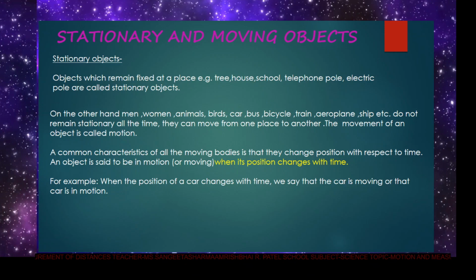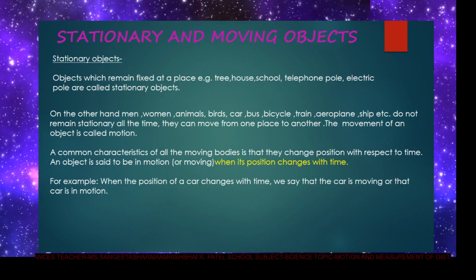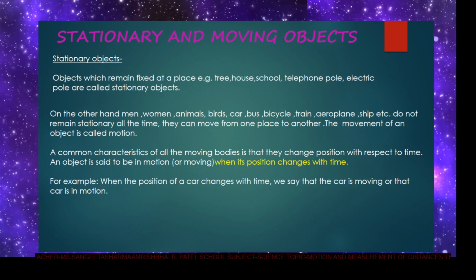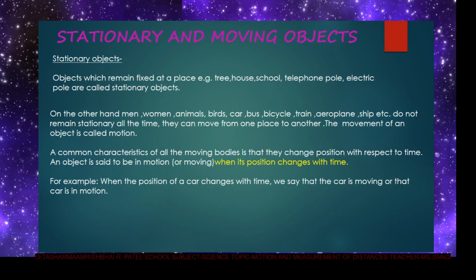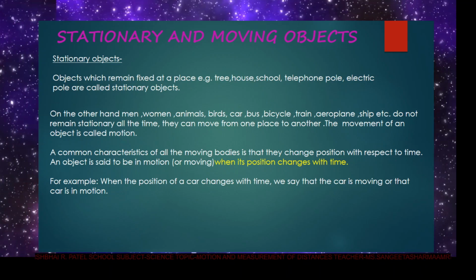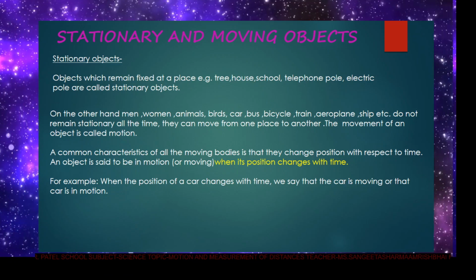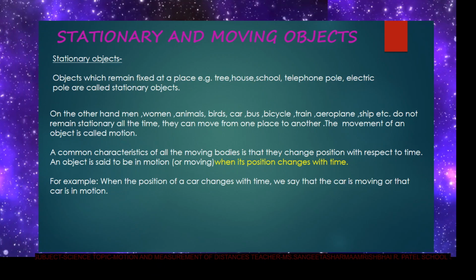For example, when the position of a car changes with time, we say that the car is moving. And when the car is at rest, that means it is at the same place. It is not changing its position with respect to time. So we can say that the car is at rest.